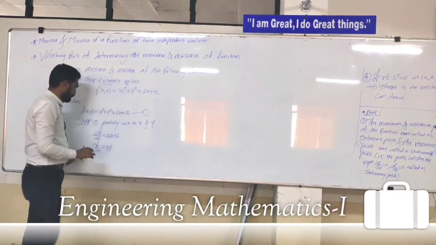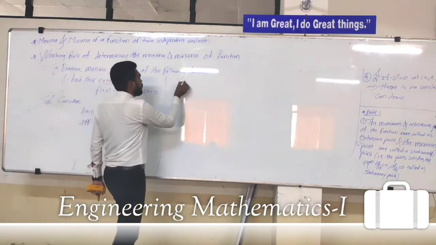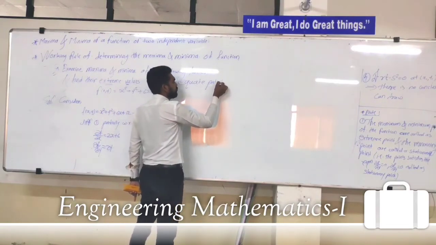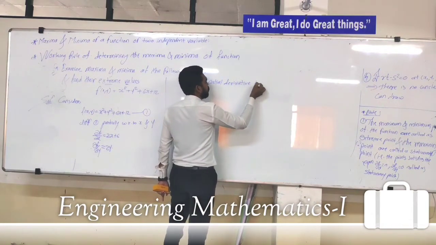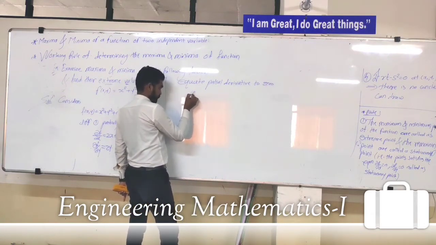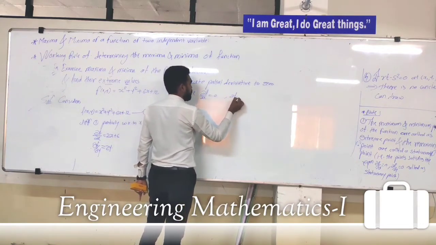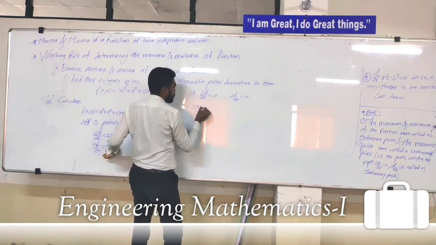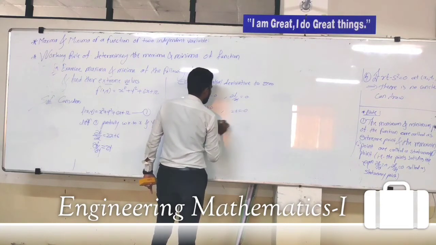So in step number first, we have to find the partial derivatives and equate them to 0. So here equate the partial derivatives to 0, that is ∂f/∂x is equal to 0, ∂f/∂y is equal to 0. ∂f/∂x, that is 2x plus 6 is equal to 0, and ∂f/∂y, that is 2y is equal to 0.